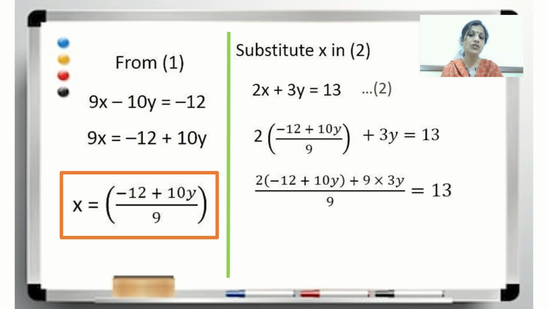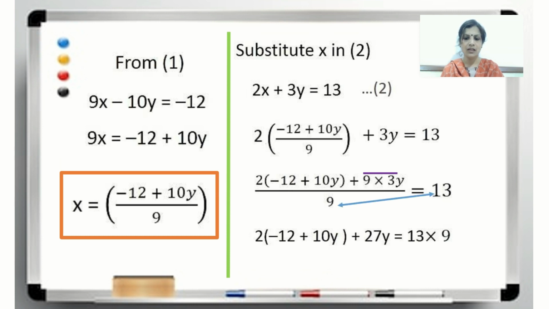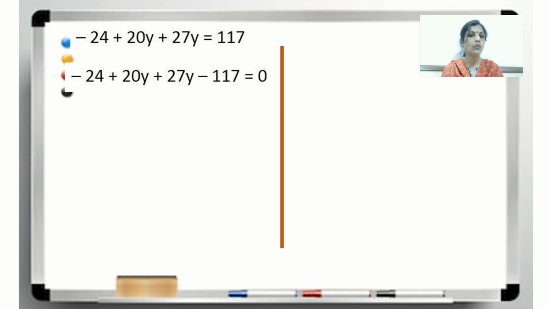Now multiply this 2 with the bracket, so it will give you 2 into minus 12 plus 10y plus 9 into 3 is 27y is equal to, cross multiply this, 9 into 13. So again we will simplify this by multiplying 2 with the bracket. So what do we get? We get minus 24 plus 20y plus 27y is equal to 117.